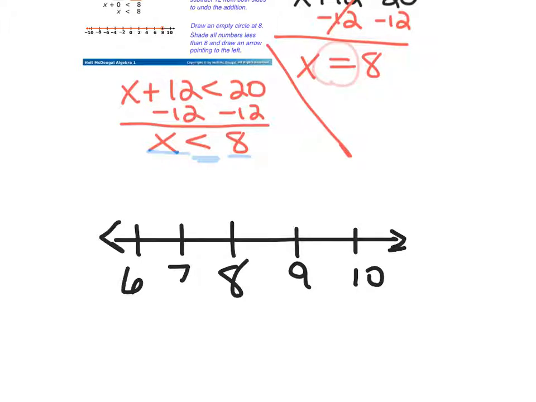Okay, what type of circle am I going to put on my graph for a less than symbol? Opened or a closed circle? An open. And remember, it's on the number. And will I move to the left or to the right? To the left. All numbers less than. Remember, less than is left. And this works when the letter's on the left.